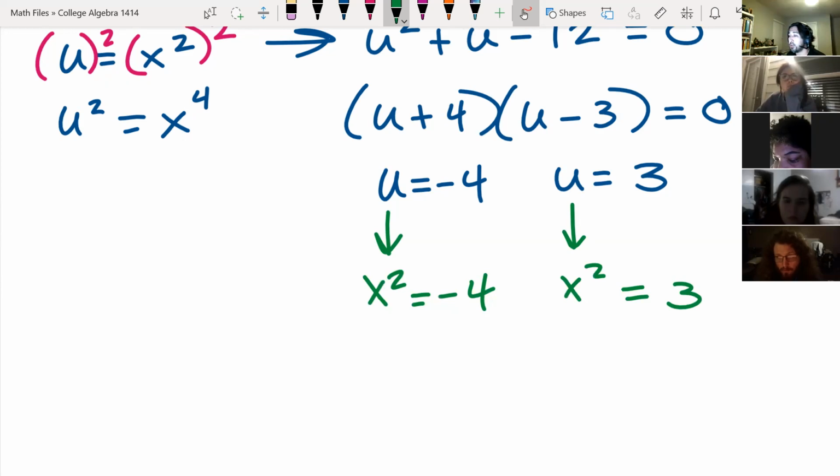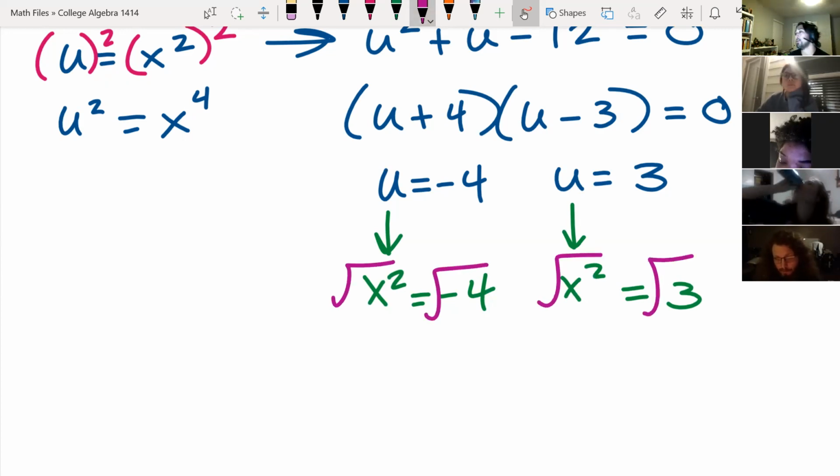So to solve for x, what do we do to both sides of this? Take the square root. Good. So we say square root, square root, square root, square root. And over here, what happens when you square root a negative? When you square root a negative, what type of numbers come out?